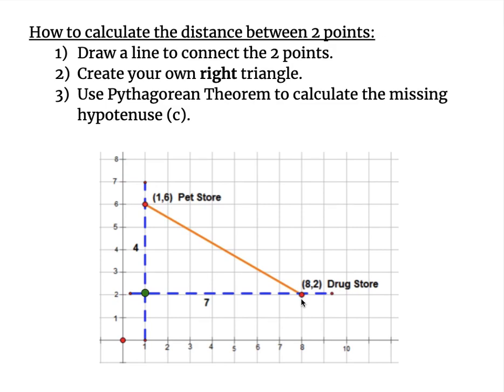Then you're going to use the Pythagorean theorem to calculate the missing hypotenuse, C. It's always going to be the hypotenuse because it's always going to be across from the right angle, because these two make a right angle. And you can count to figure out your legs. This one is 4 units long, and this one is 7 units long by counting. And then you'll just use the Pythagorean theorem and calculate C. Make sure this is in your notebook, and we're going to work on some examples.